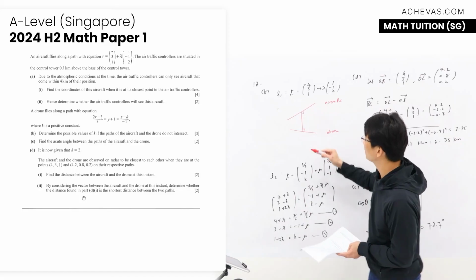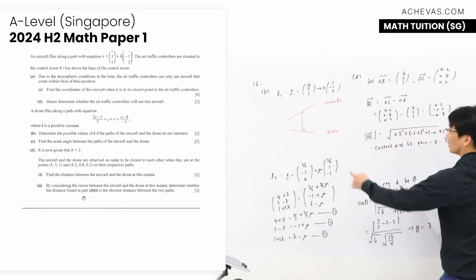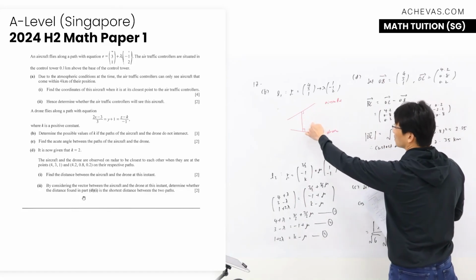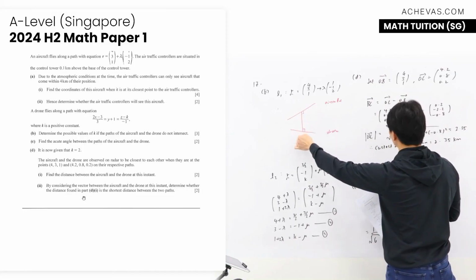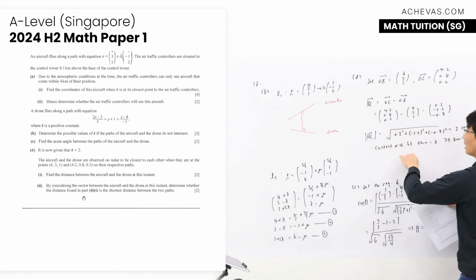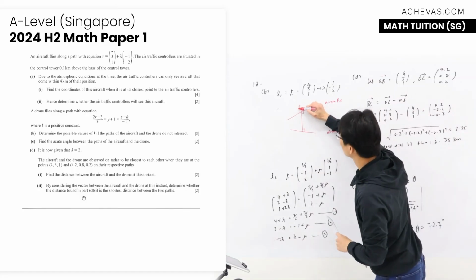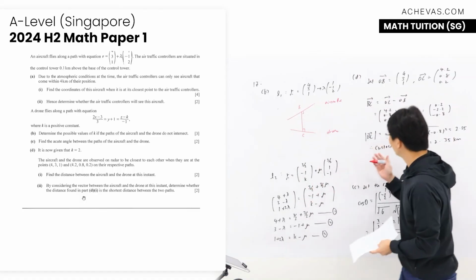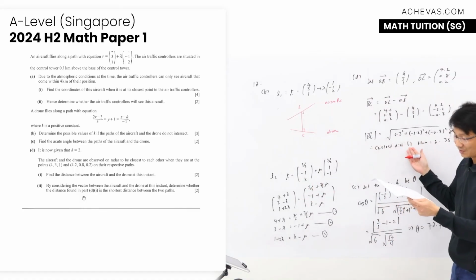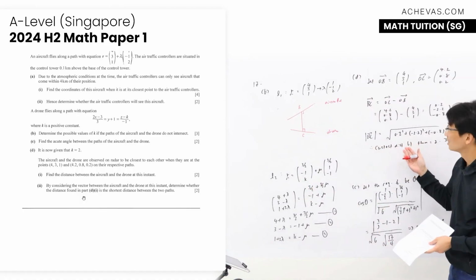When you are considering this path, in order for it to be the closest distance, I know that this will be perpendicular to this and perpendicular to this. And this BC is the one that I already found. Now we are trying to show whether this is really the closest distance or not. This is what the question wants.